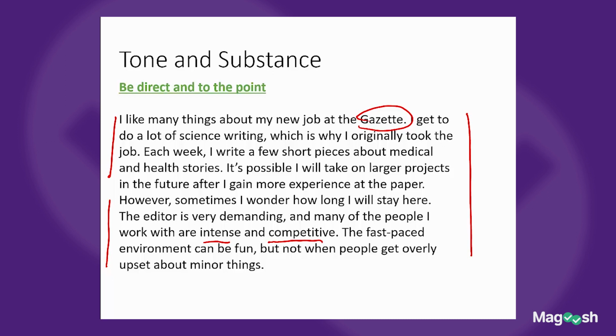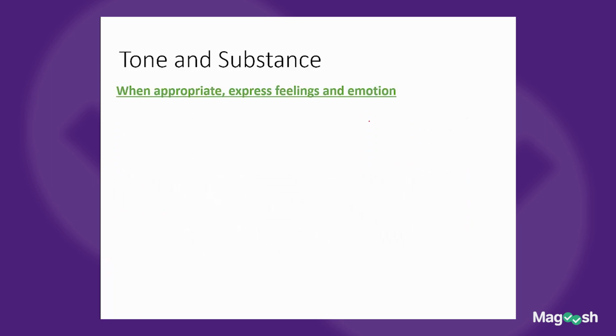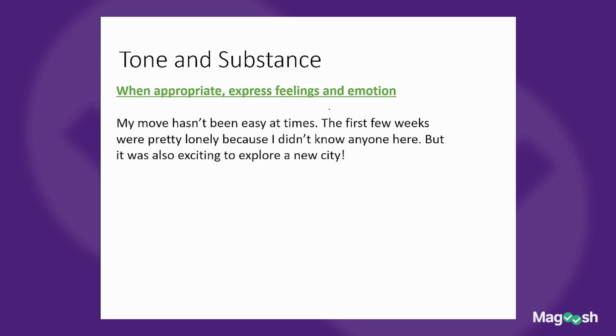Okay, now related to that, when it's appropriate, it's perfectly fine and in fact, really good to express feelings and emotion in your letter. That's something you would do with a friend. So, for example, my move hasn't been easy at times. The first few weeks were pretty lonely because I didn't know anyone here. But it was also exciting to explore the new city.